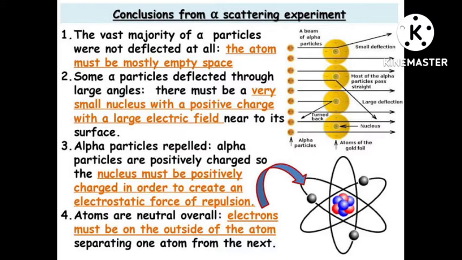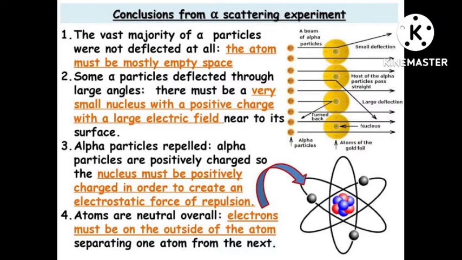Second, a small fraction of alpha particles was deflected by small angles. That means some of the alpha particles showed their behavior by deflecting through a small angle. Third point, a very few alpha particles bounced back, that means deflected by nearly a 180-degree angle.